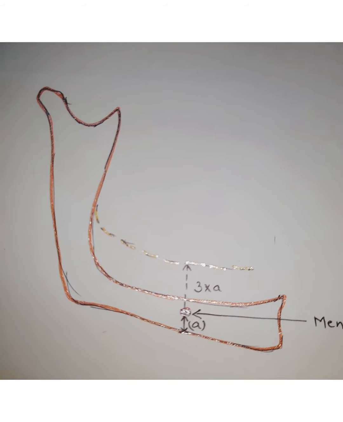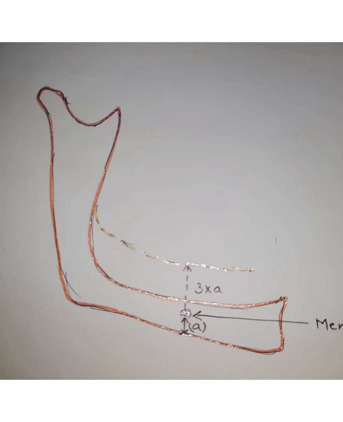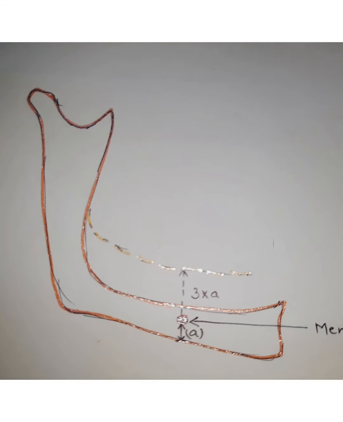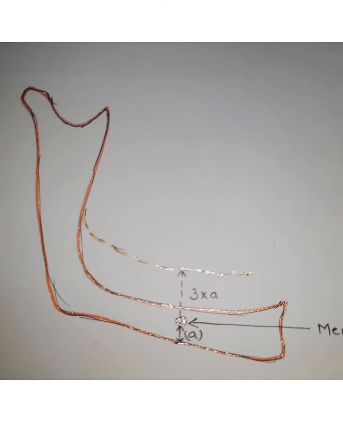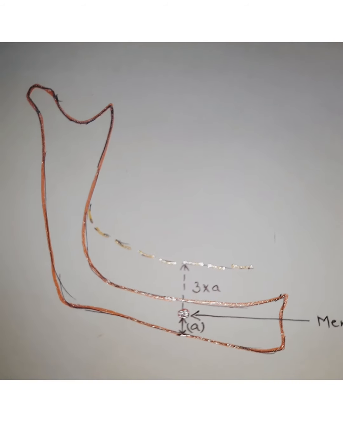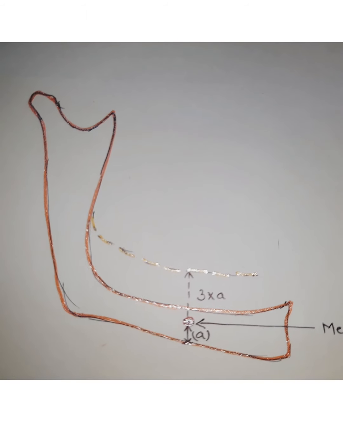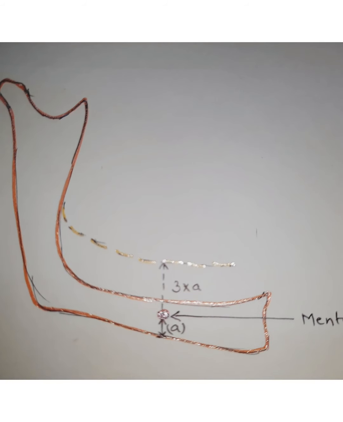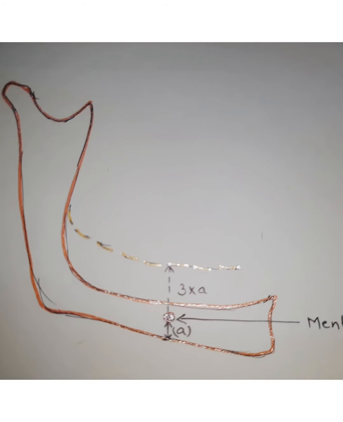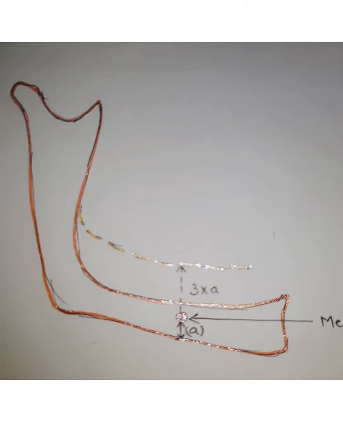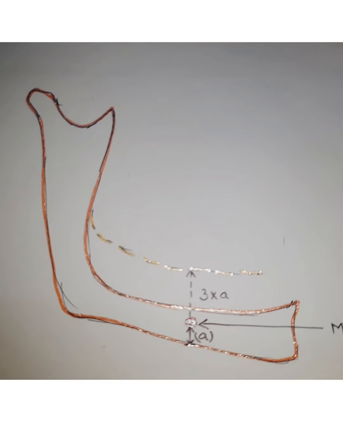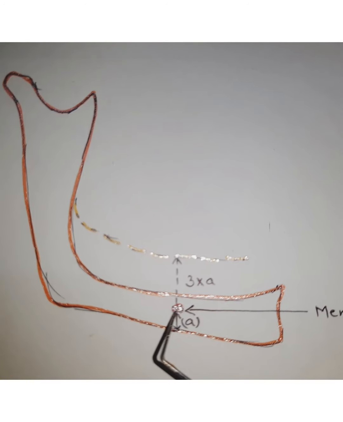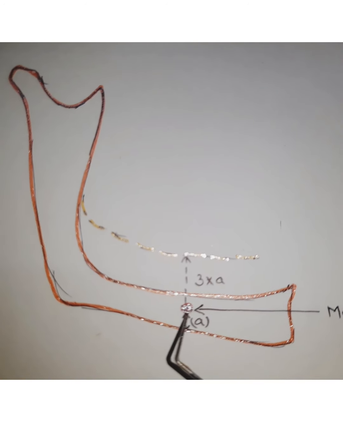Now just by seeing the patient, how will you know the original height of the bone? The original height of the bone can be measured by a method suggested by Weichel and Scoop in 1974. According to them, you look at the mental foramen, on the model or on the X-ray. There you measure the distance between the lower border of the mandible and the lower border of the mental foramen.